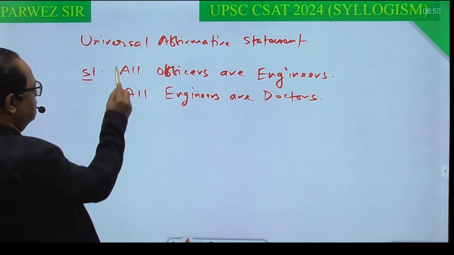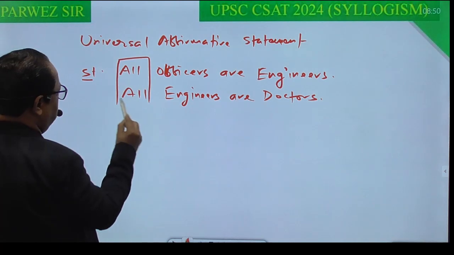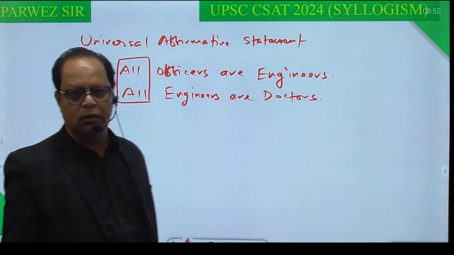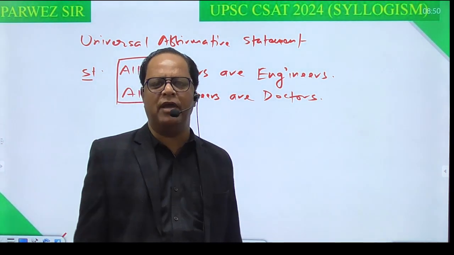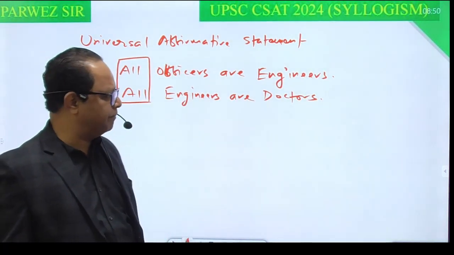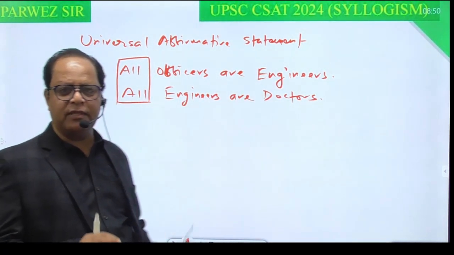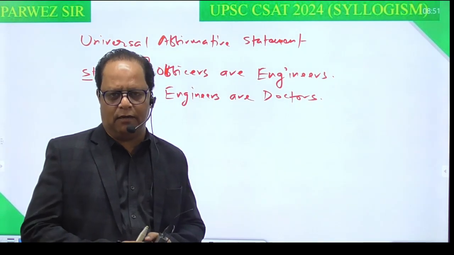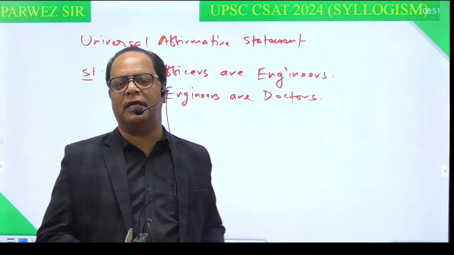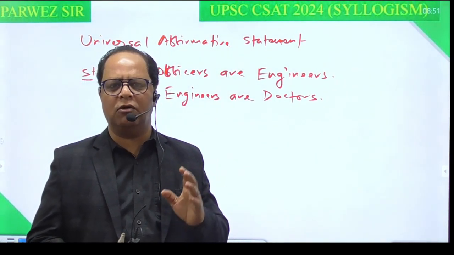So here we see a statement starting with all. What will we actually have to do in this type of question? We will see with the help of a Venn diagram. This is the simplest and easiest way to find the answer of Syllogism.